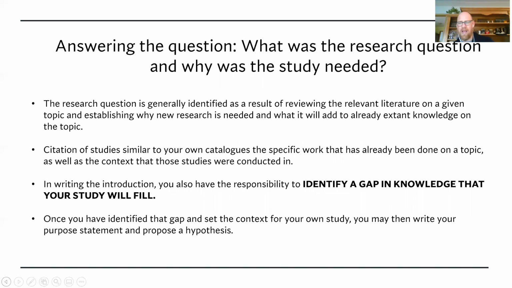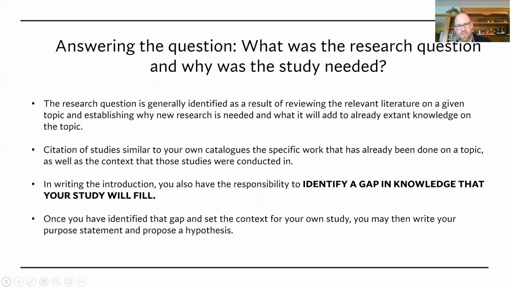So going back to Trisha Greenhalgh's questions: what was the research question and why was the study conducted? The research question is generally identified as a result of reviewing literature and establishing why the research question is needed in the first place, because of what's been done in the past.